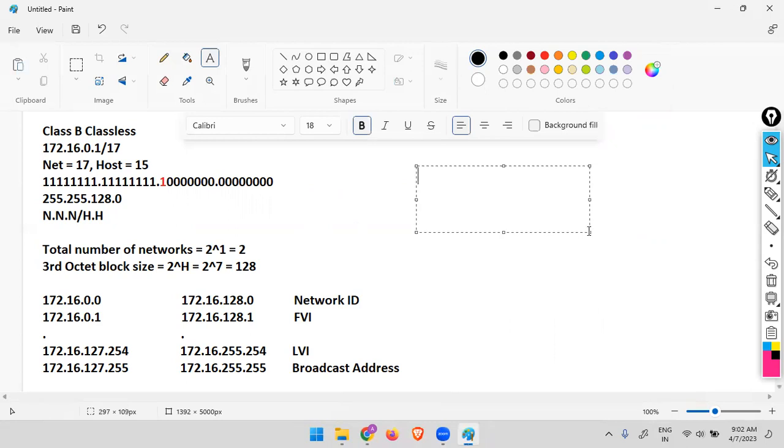Now, according to the IP address 172.16.0.1/17, what is the network ID? What is the broadcast address? 0.0. Broadcast address.